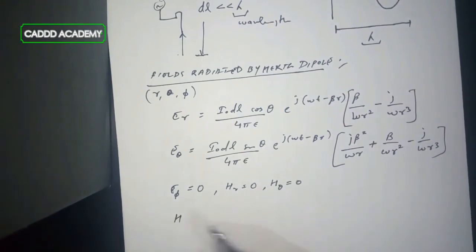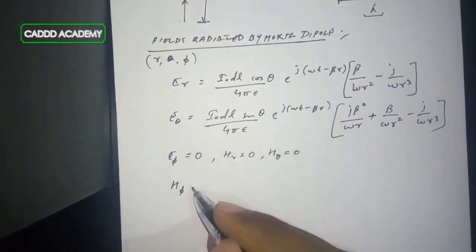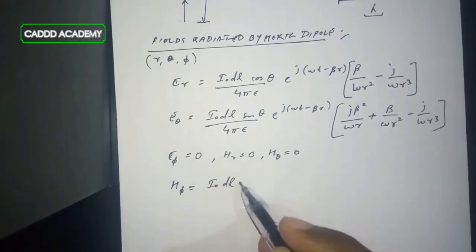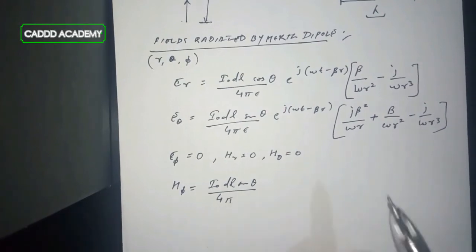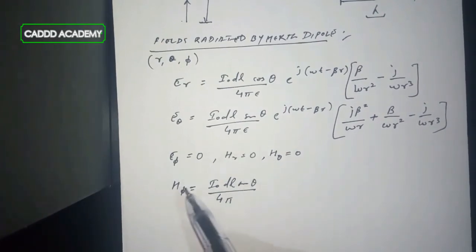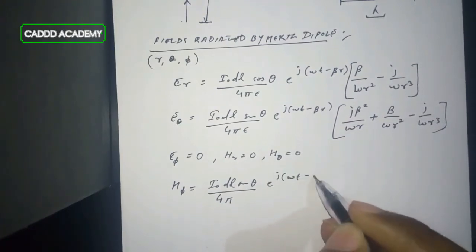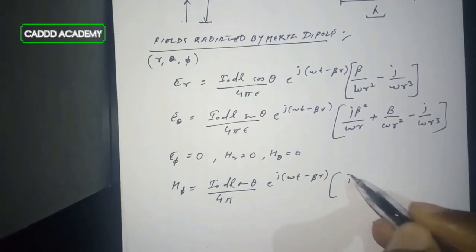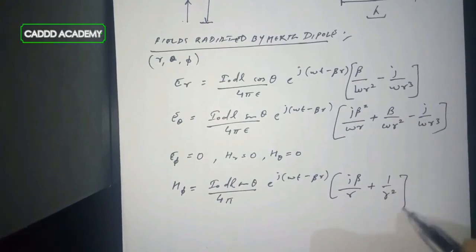The magnetic field in the phi direction is I naught dl sine theta by 4 pi, not epsilon, since here we are using the magnetic field, then e to the power j omega t minus beta r, then j beta r plus 1 by r square.